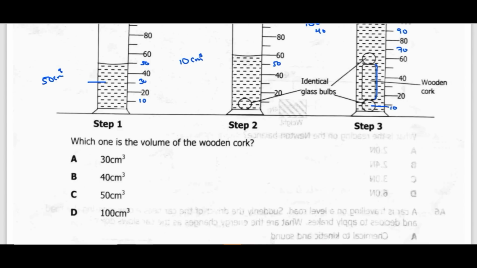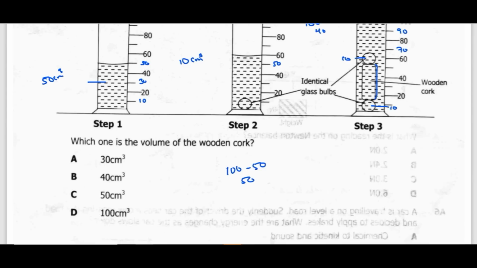They are identical, so they were the same. If this is 10, and then this is also what? 10. So how do we find it? We can say 100 minus 50. So we're going to have a 50 there.